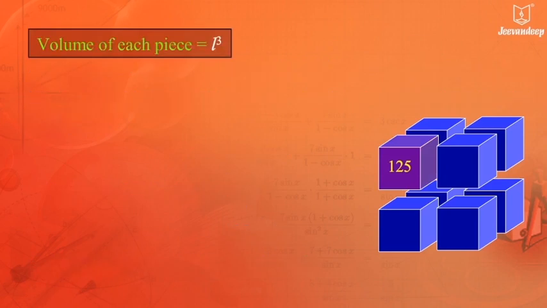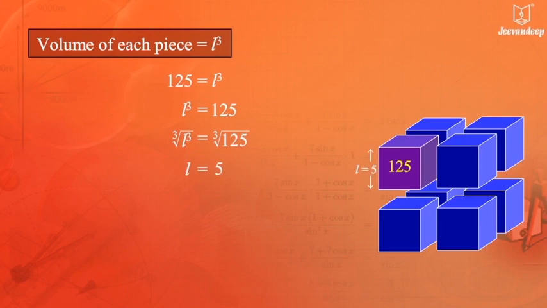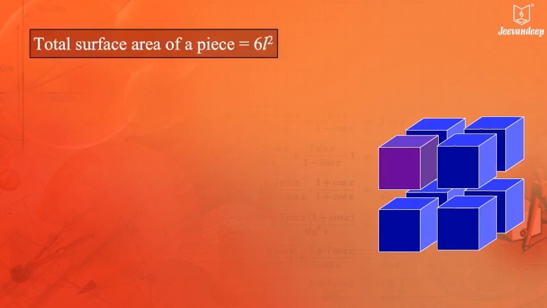Volume of each piece is equal to L cube. 125 is equal to L cube. Therefore, L is equal to 5 centimeters. Therefore, the length of each piece is 5 centimeters.